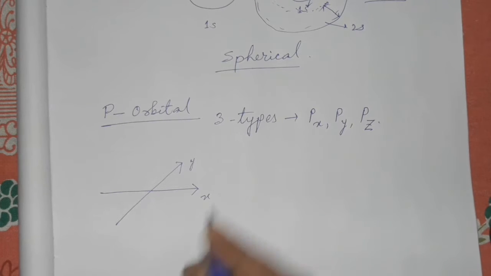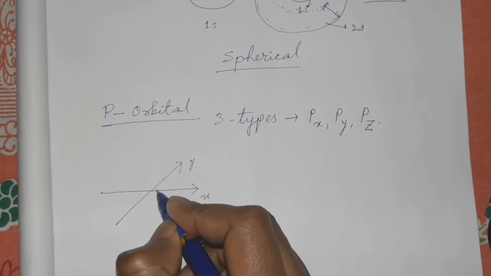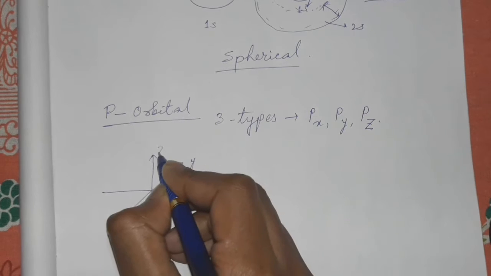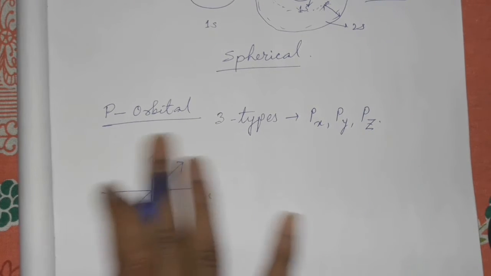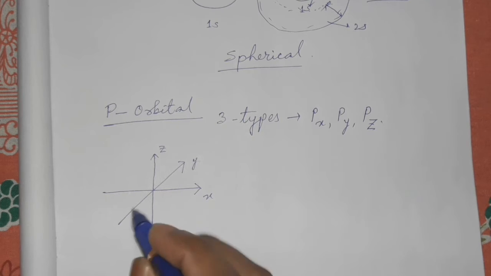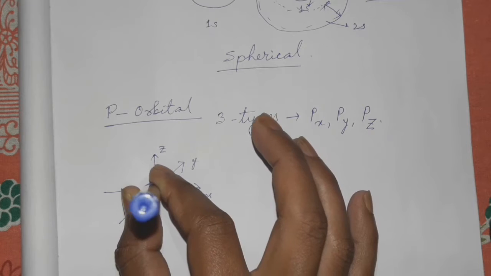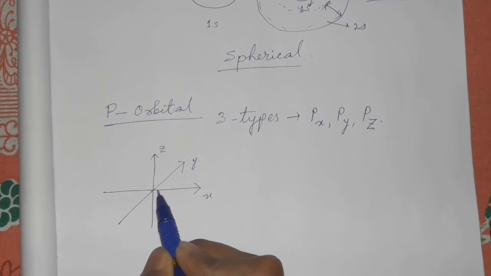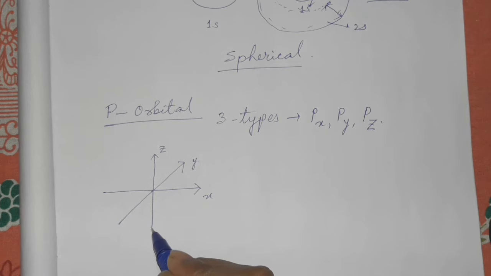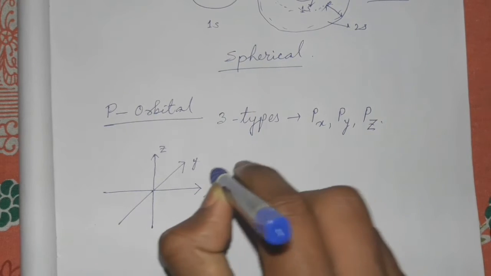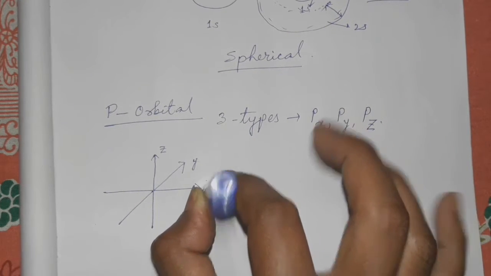This is the y-axis, and after that we will draw the third axis, which is the z-axis, and this z-axis is perpendicular to the plane of the paper. Perpendicular means this z-axis is pointing towards you, and another portion is away from you. This is the x-axis, this is the y-axis, and this is the position of the z-axis.